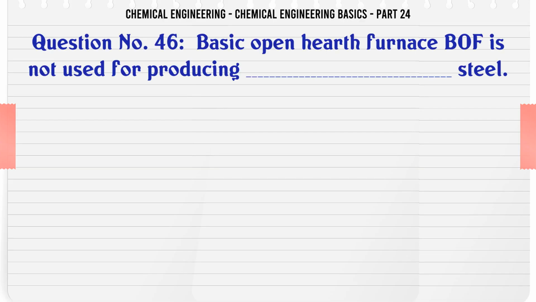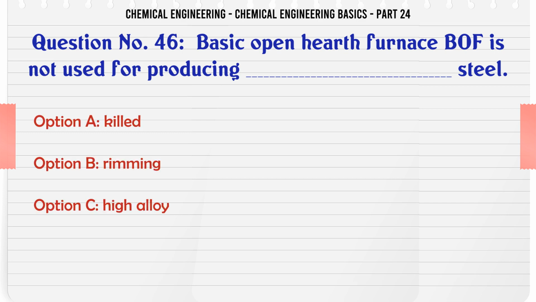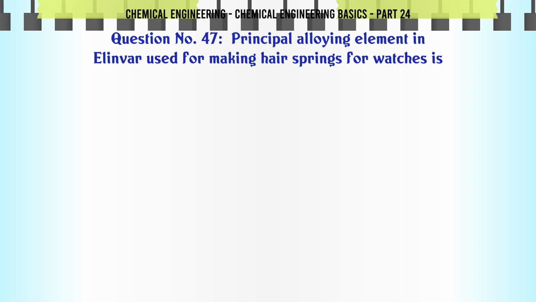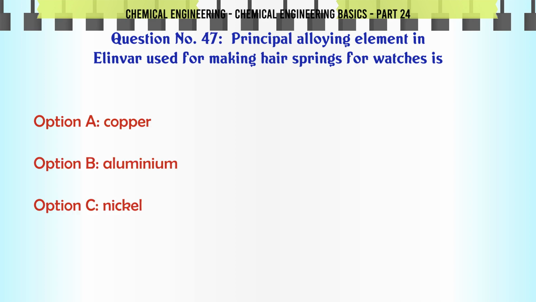Basic open hearth furnace BOF is not used for producing steel. A. Killed. B. Rimming. C. High alloy. D. None of these. The correct answer is high alloy. Principal alloying element in Elinvar used for making hairsprings for watches is A. copper. B. aluminium. C. nickel.